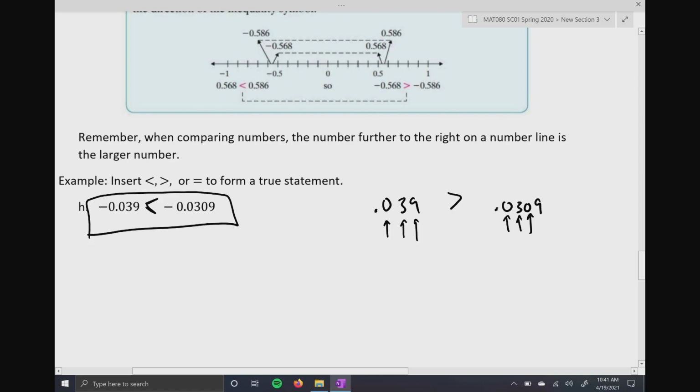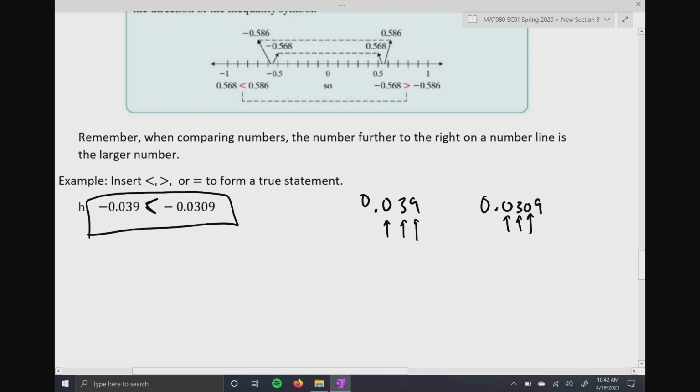All right? So let me walk you through that one more time, because it can be a little confusing at first. First, write out the positive values. All right? So 0.039 and then 0.0309. I hate how they're so close. It's like a tongue twister to me.